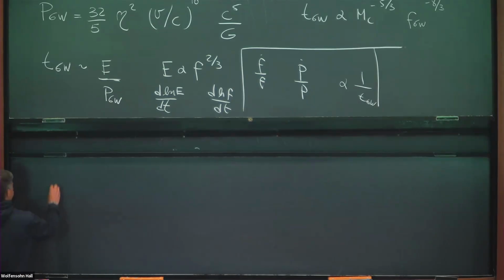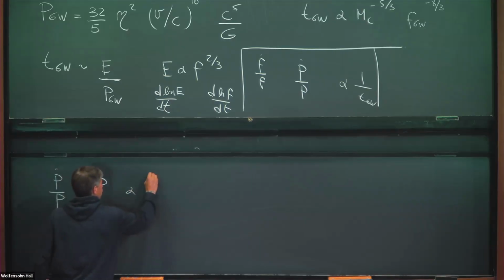if I think of P dot over P, this is the relative change of the period. If I ask the question, how much the period changes in one period, I would end up computing this, right? This is the relative change of the period times the time. This would be the change of the period in one period. So P dot is an interesting thing to compute.